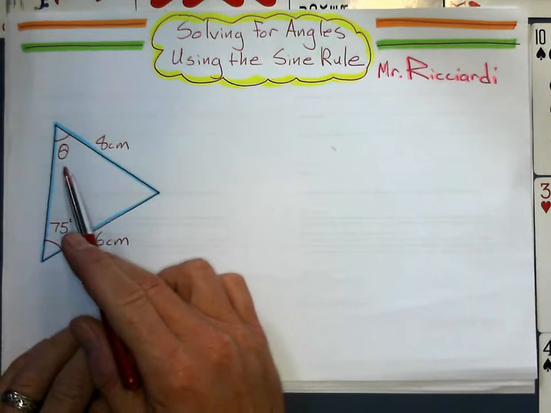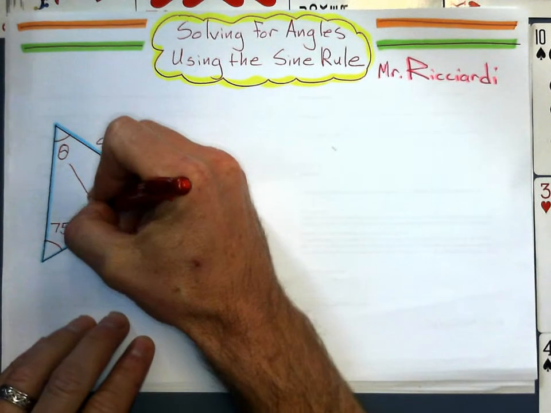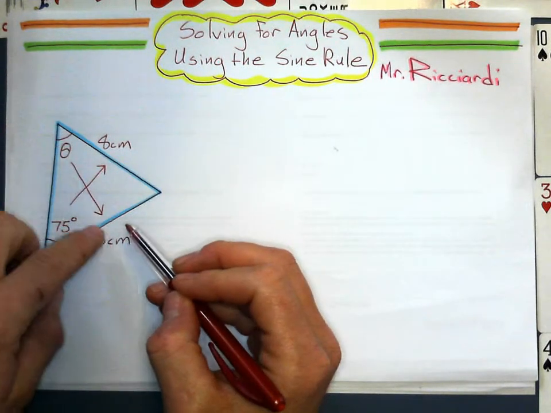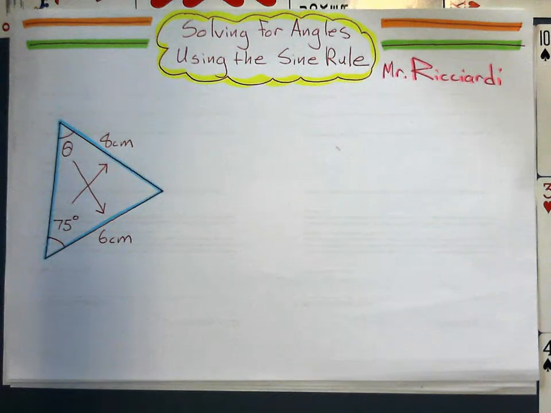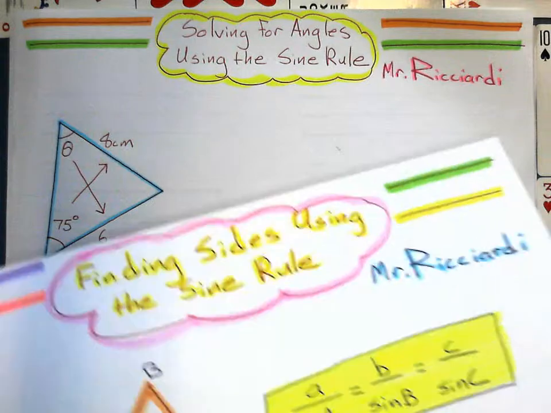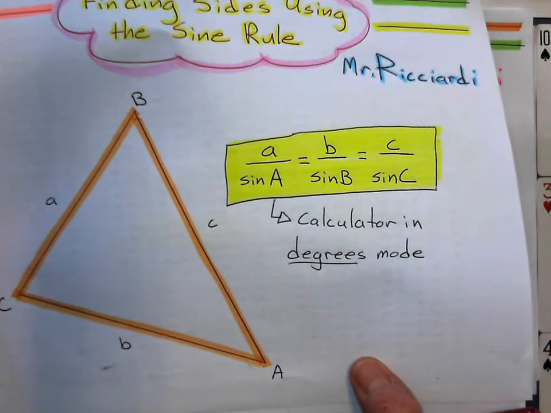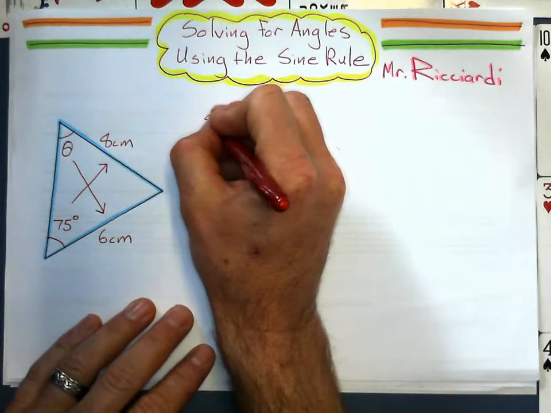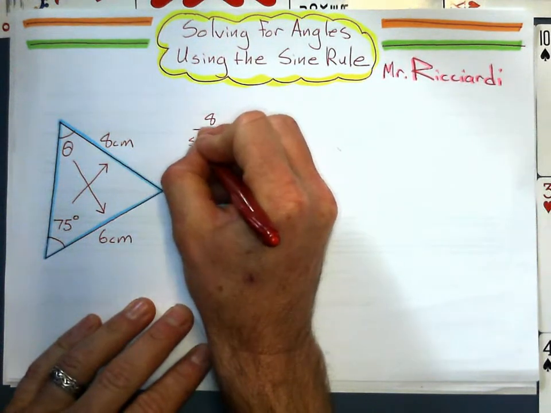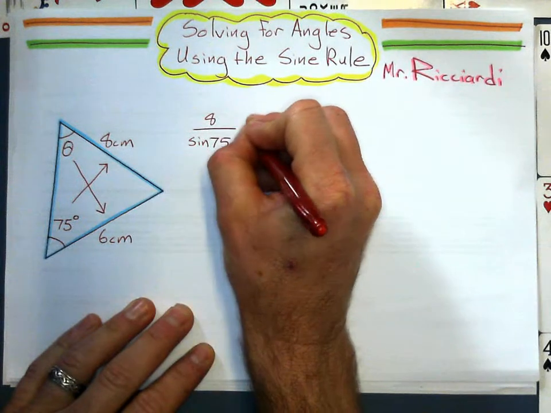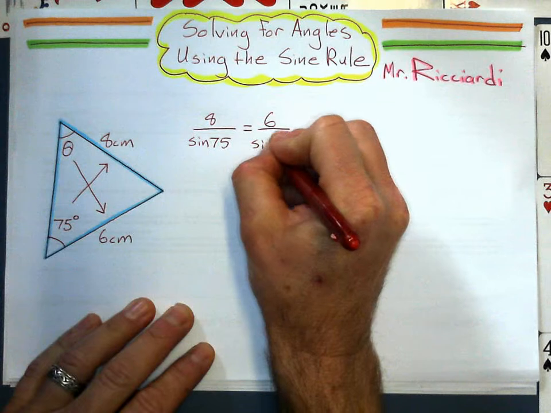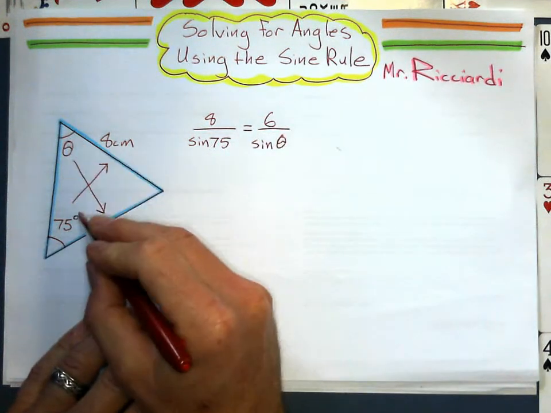So let's look at our first example here, and we see that it will in fact be the sine rule because I have that angle and side opposite thing. And now I set up my proportion and I'm using this formula right here. So I can say, alright, 8 over sine 75 equals 6 over sine theta.